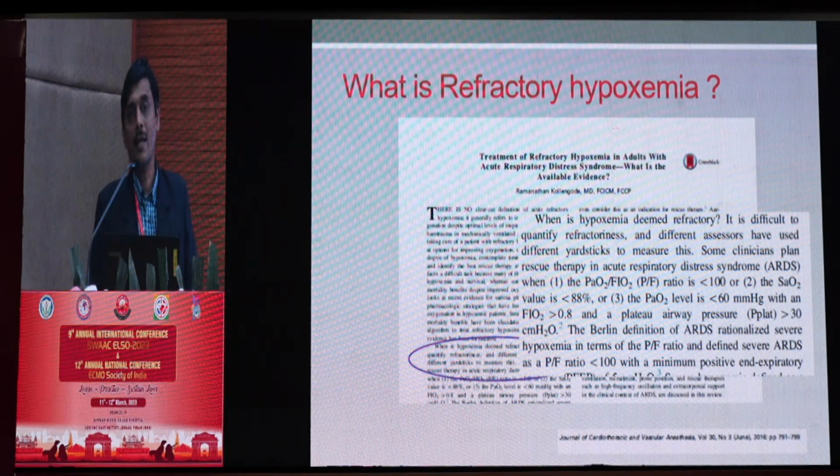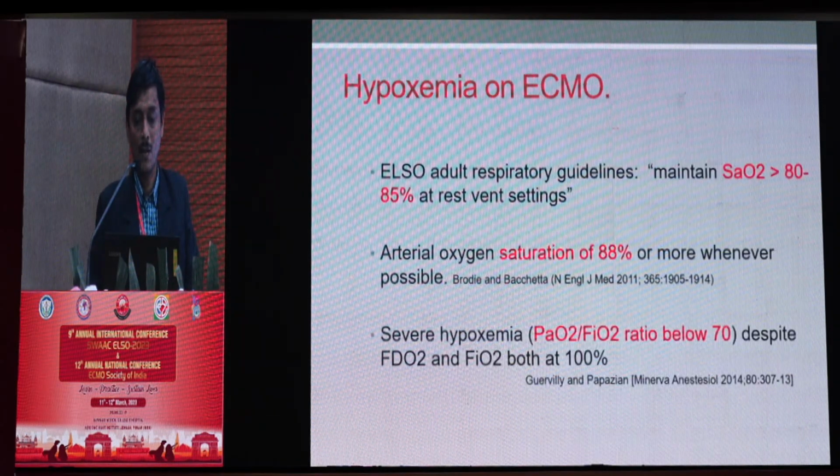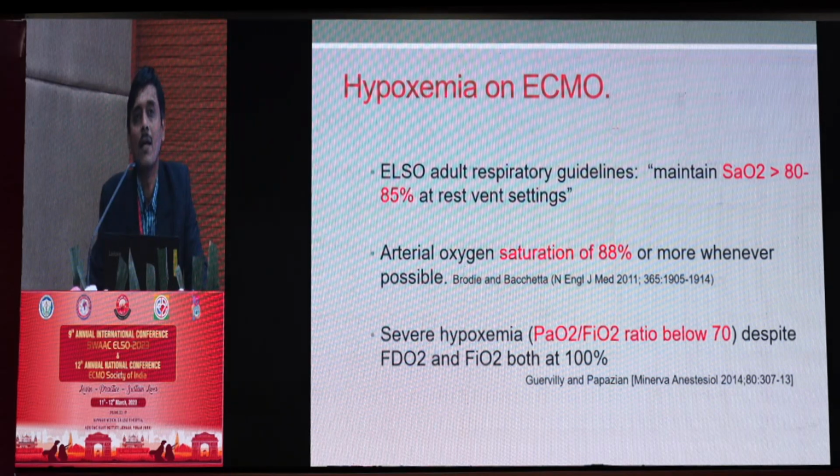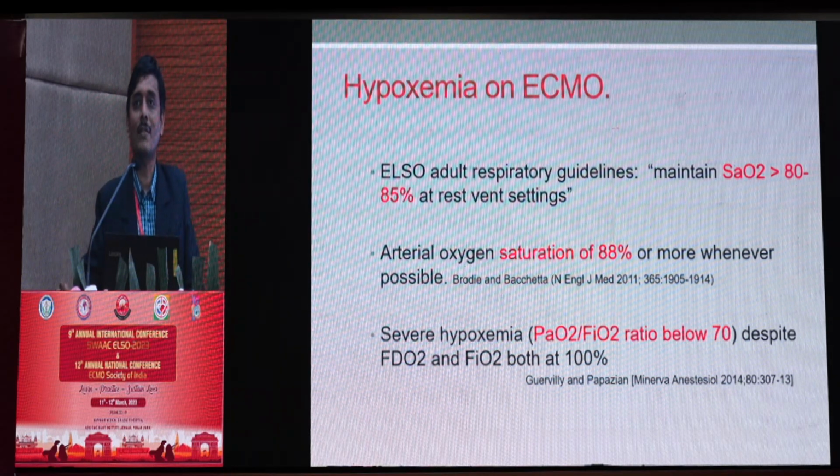Now I'm going to add in another layer of complexity. What is hypoxemia on ECMO? Clearly, venovenous ECMO is supposed to offset your hypoxemia. When it doesn't, and your saturations or your PO2s of the patient start going down, you have hypoxemia.